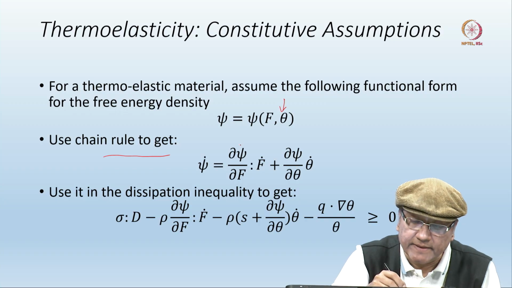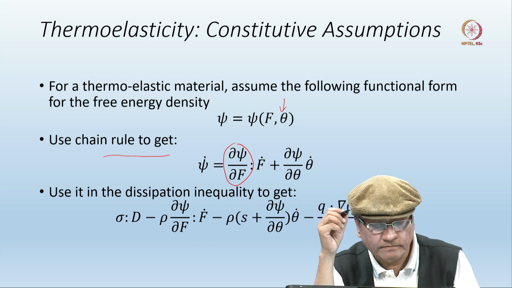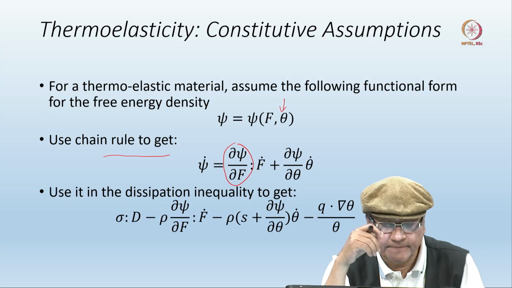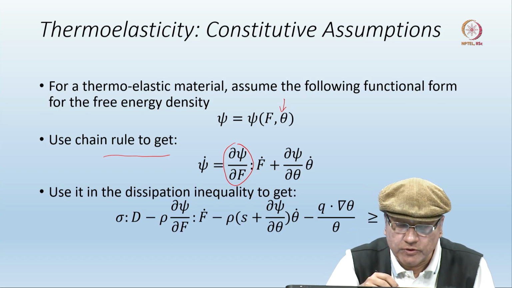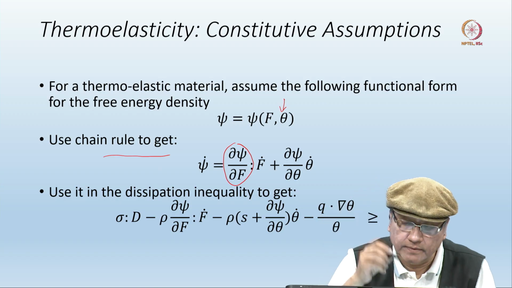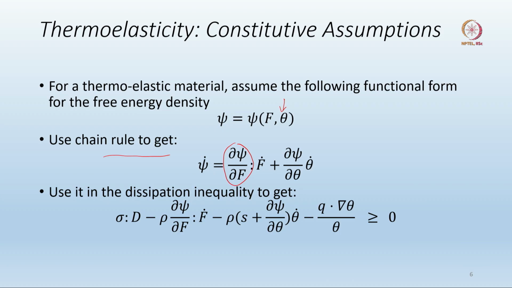Remember that if you take the partial derivative of a scalar-valued quantity like psi with respect to a tensor like F, then it becomes a tensor itself. That is why this Frobenius inner product, this colon, comes in. Also recall that theta is a scalar, so del psi by del theta is also a scalar, and del psi by del theta times theta dot is a simple multiplication of scalars.